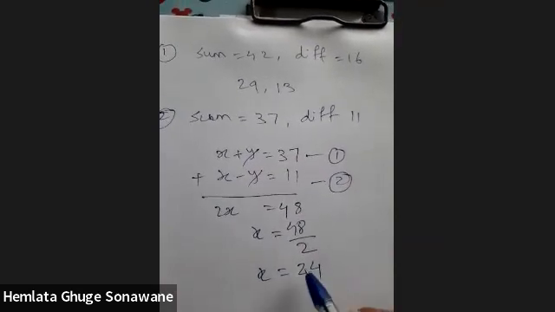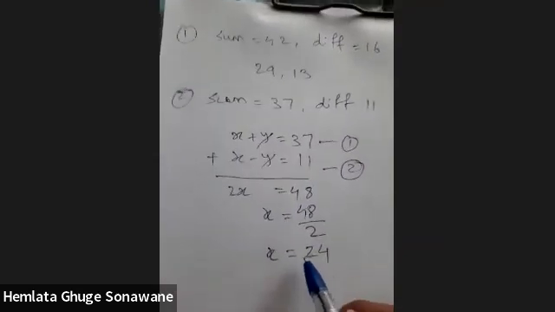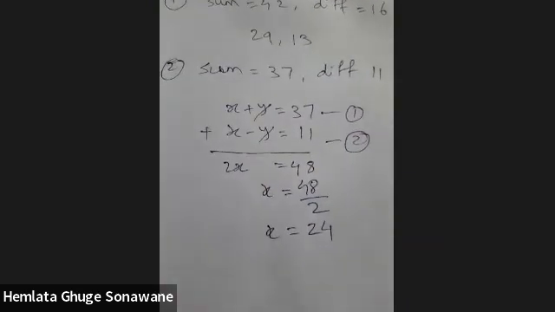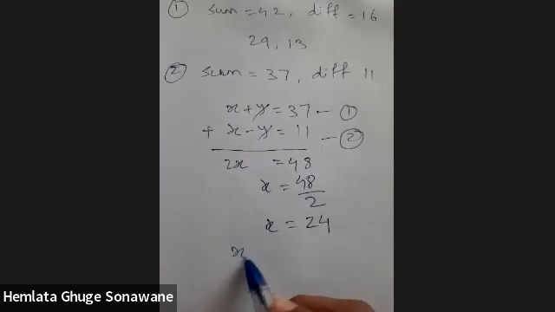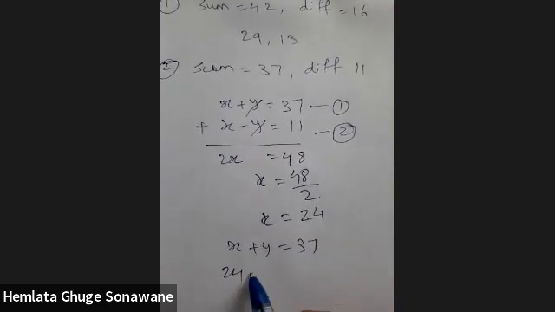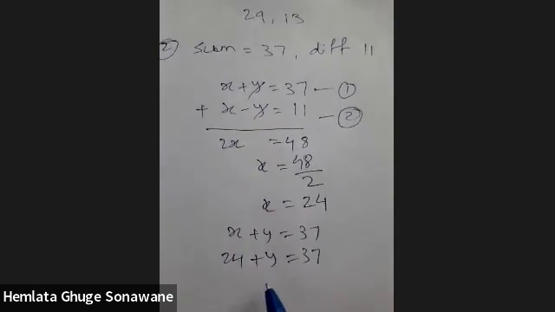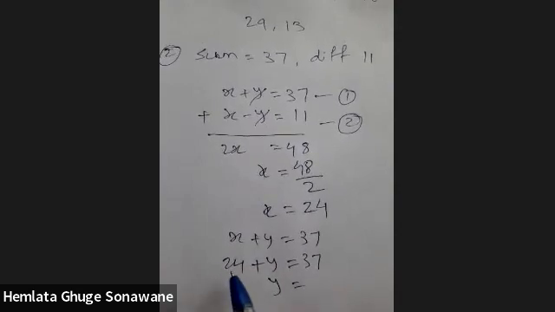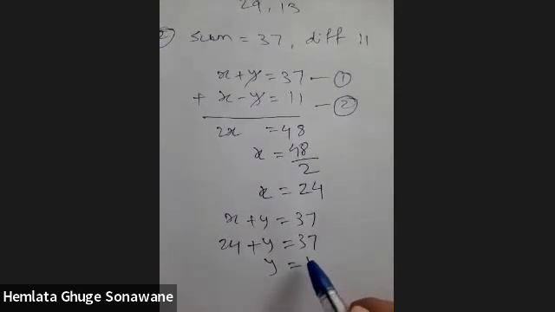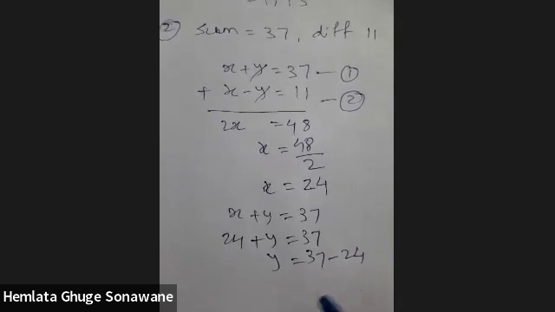We have got one number, that is x as 24. Okay, now we'll put this value of x into any one equation. So x plus y, value of x is 24 plus y is equal to 37. y is equal to, this 24 becomes minus here towards the right hand side, 37 minus 24.